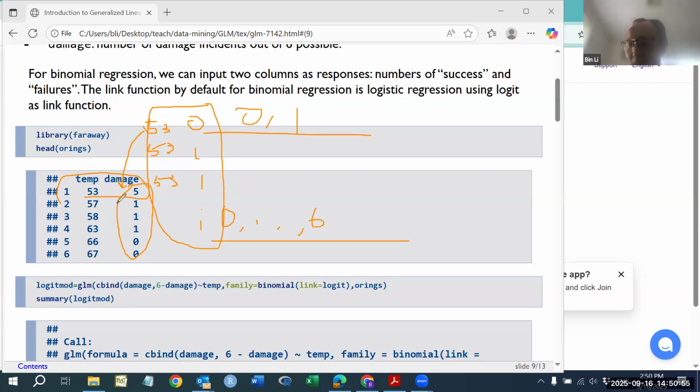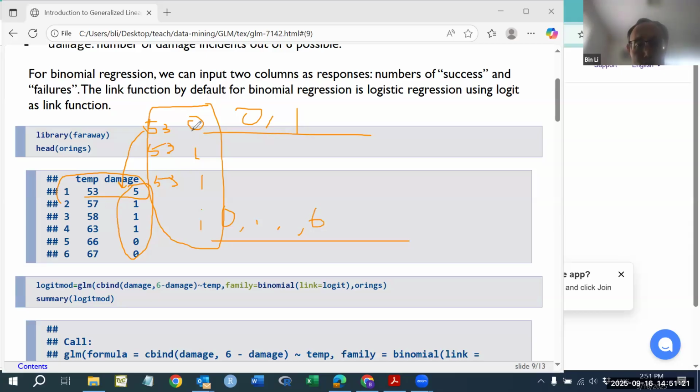Sometimes it's more meaningful to save the data this way so that we can have fewer rows. Is that clear? This data looks like it's not binary, but it is binary. Just keep that in mind. That's just one way to represent the data.